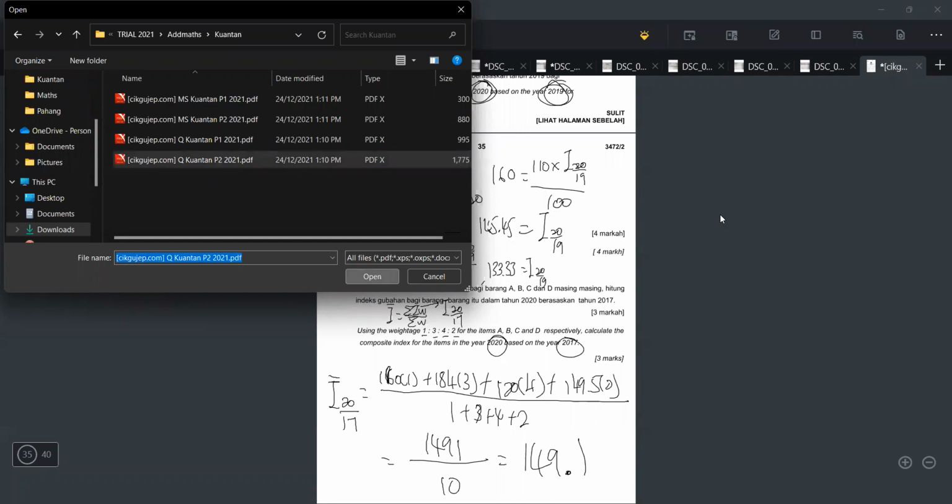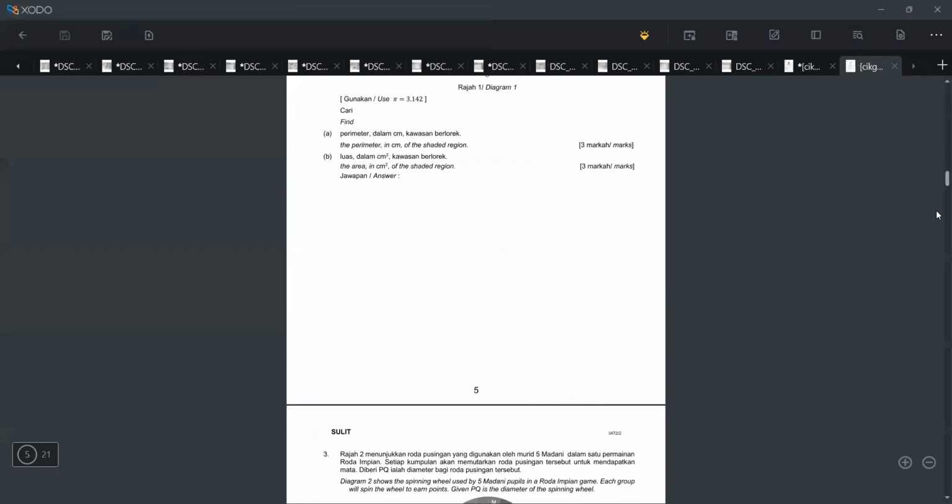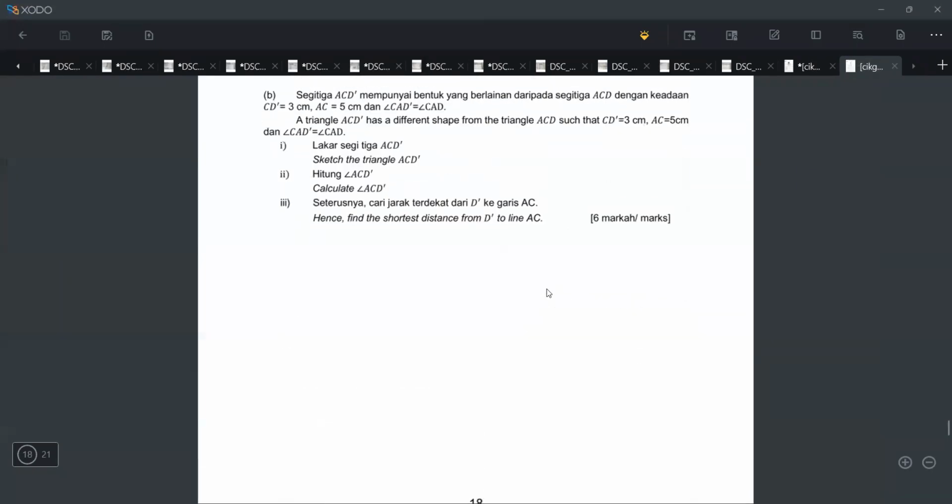Class, you can look at your book, but you can also look at the screen because I already opened it.